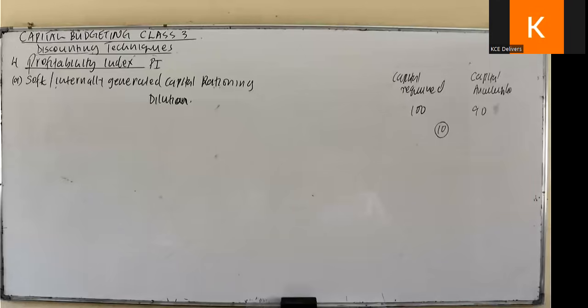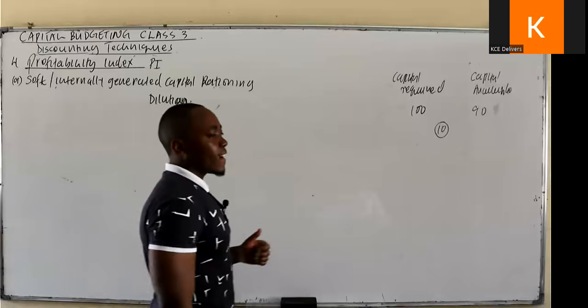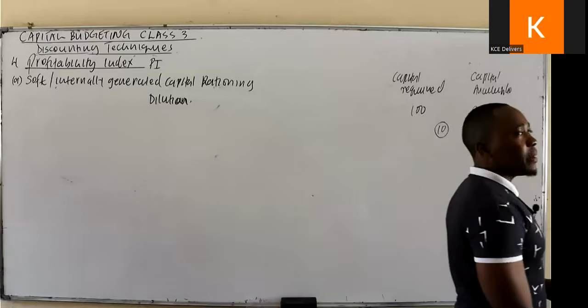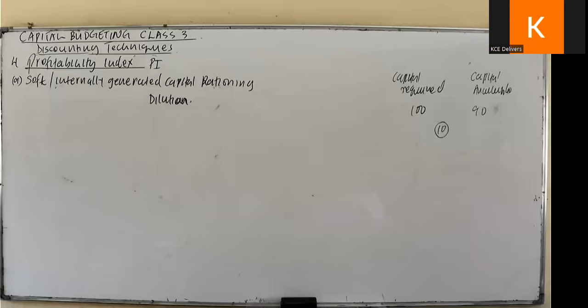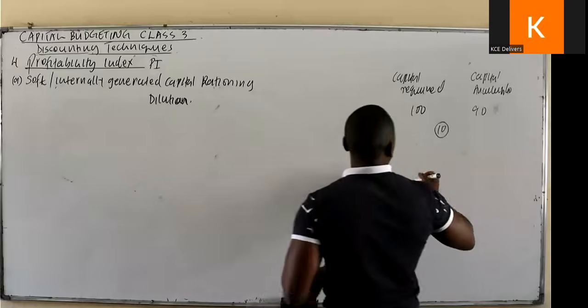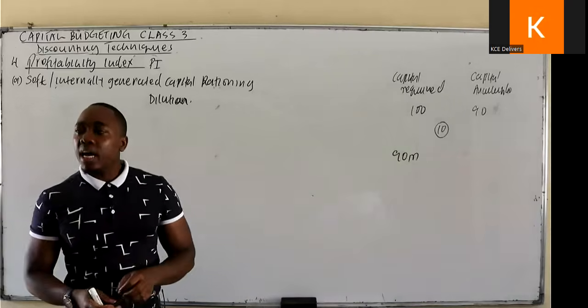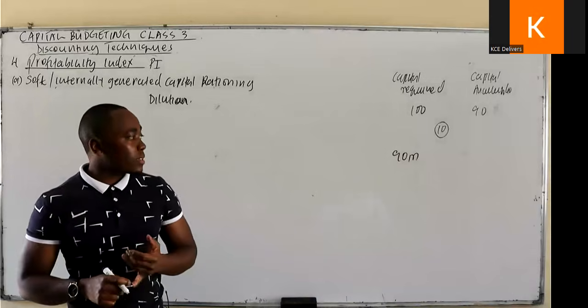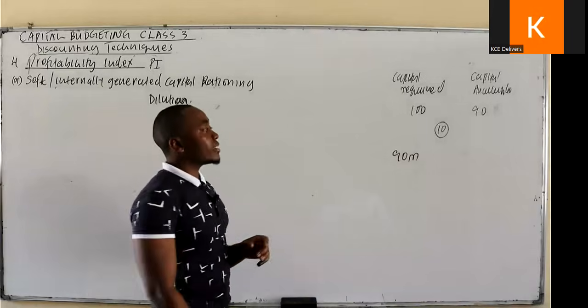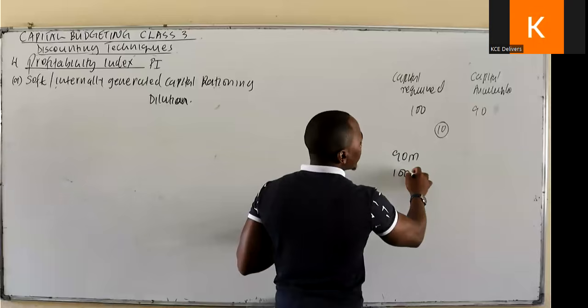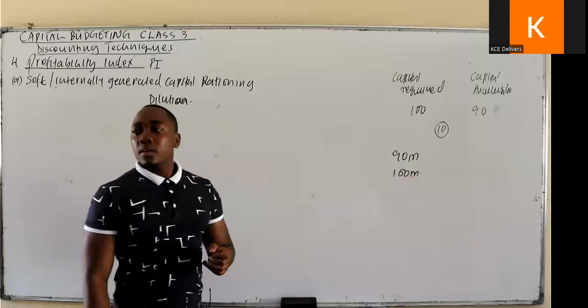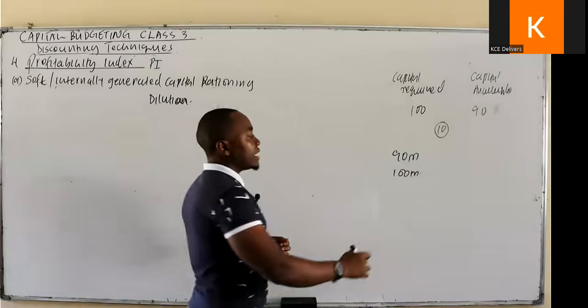So at the start of each financial year, the company needs to prepare a budget. Assume that the investment committee set a budget of 90 million. After 1 month, they evaluated this project and realized that it required 100 million. So there is a shortage of how much? 10.